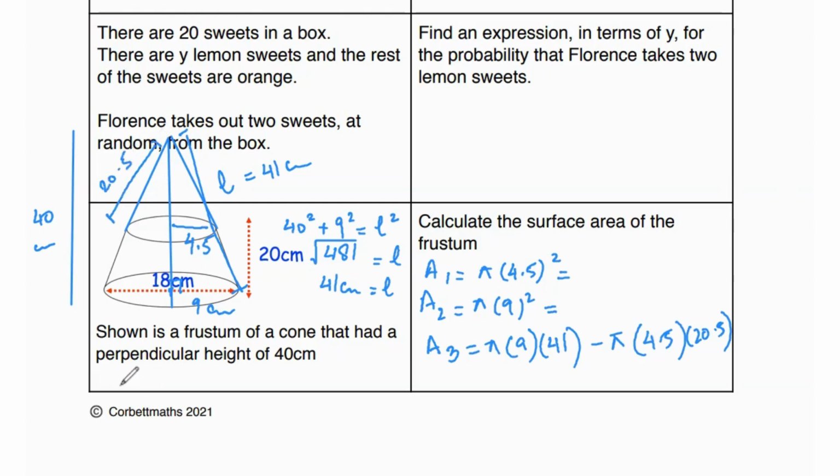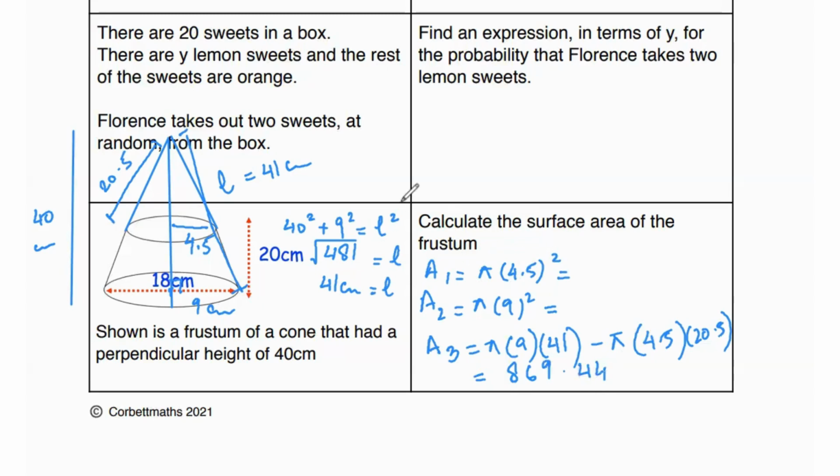So we subtract both of these areas to get the curved surface area of the frustum, and that is going to equal 869.44.